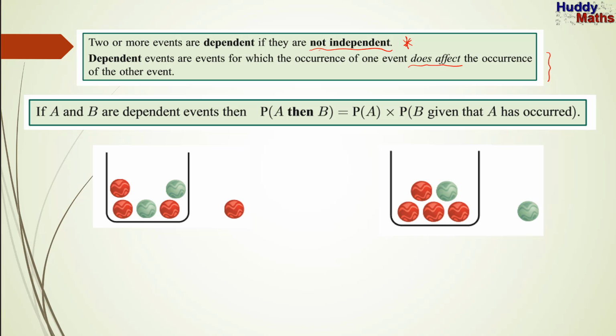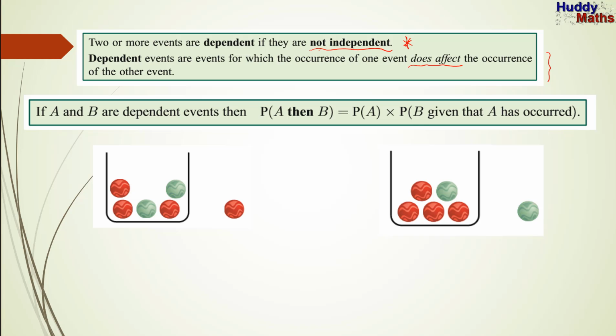Dependent events are events for which the outcome of the first event will affect the set of outcomes of the second event, or the sample space of the second event will be affected by the first event. Something like that. It's fairly hard to actually explain in English terms.